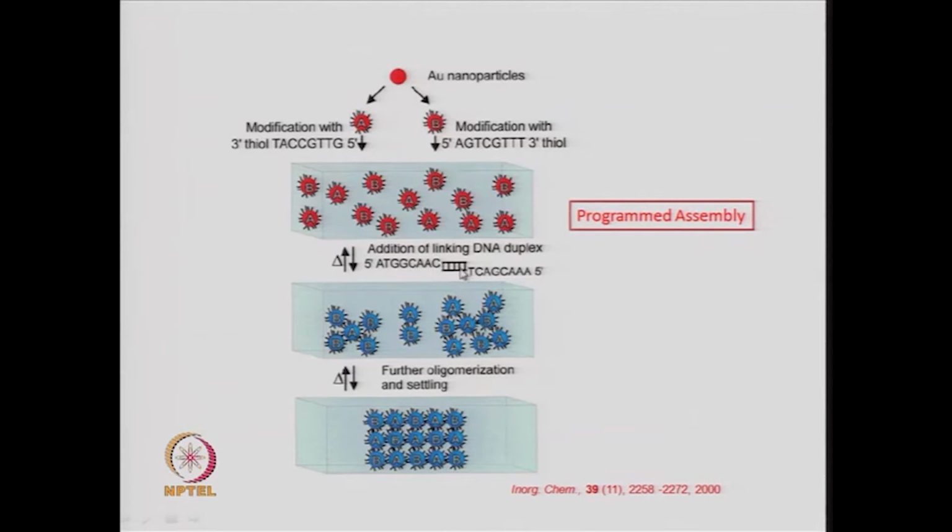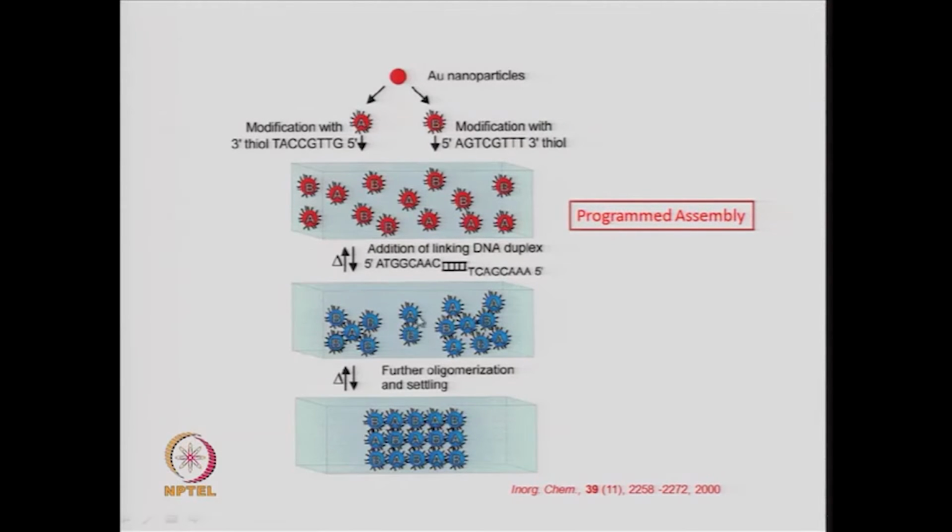So, this part of this linking molecule will attach to the A particles, and this part of the linking DNA will attach to the B particles, and once they are attached this side to B and this side to A, basically A and B will come together.